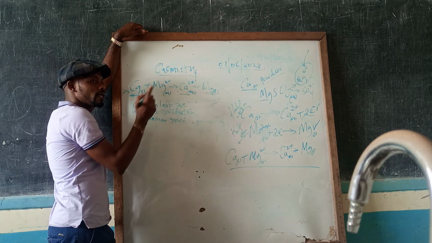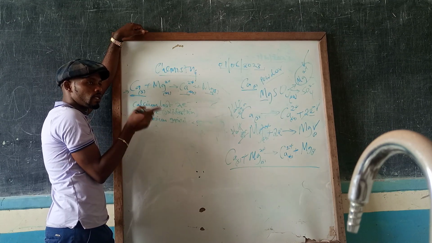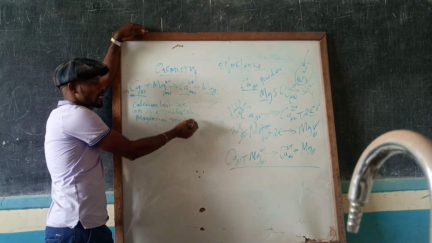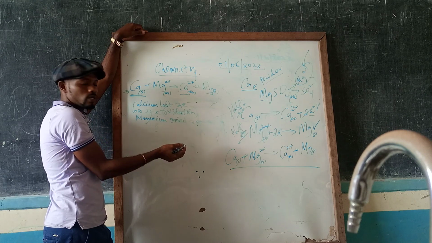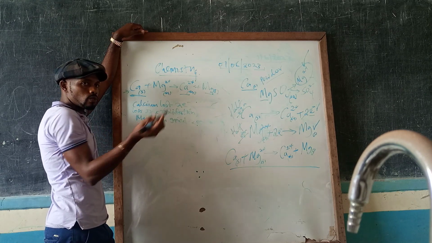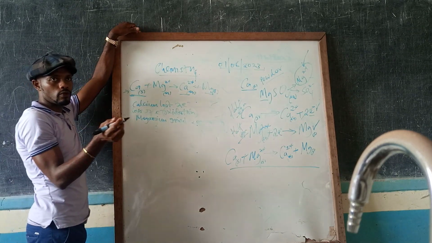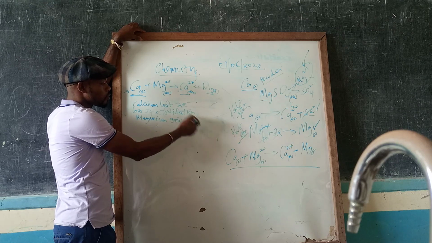Remember, here we are talking only about a single atom. We have very many atoms of magnesium and calcium in the solution, so the electrons we are talking about are not 2, they are very many. We are just using one atomic state to illustrate what happens in the reaction.